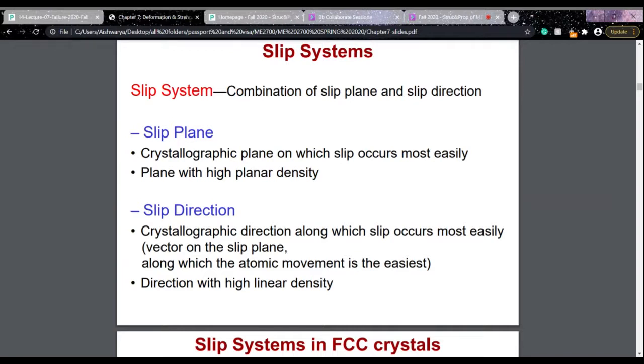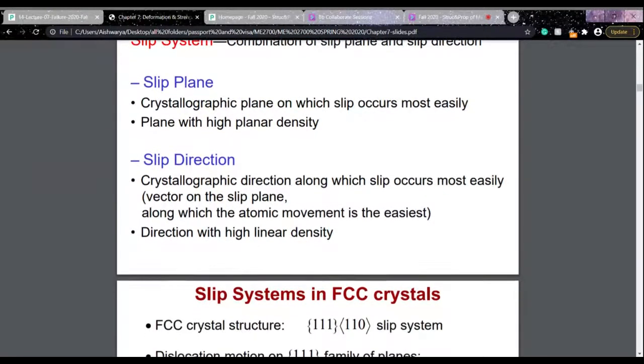The slip direction is the crystallographic direction along that same slip plane. The slip direction is the direction with high linear density. When you have high linear density, more atoms are present along that line. Hope I'm clear with the concept of slip.